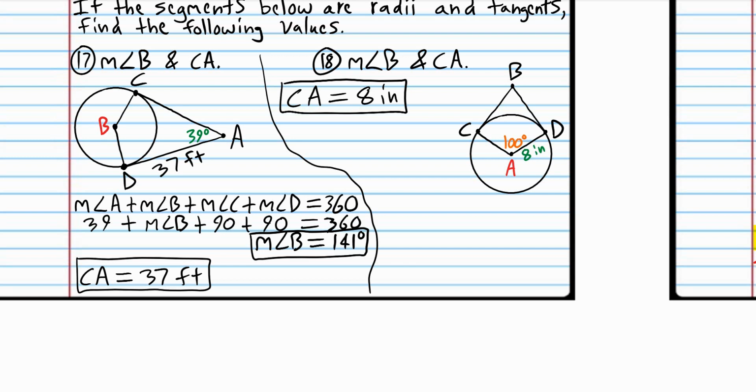And for the measure of angle B, we're going to use the same logic we used before. So the measure of angle B plus the measure of angle C plus the measure of angle D plus the measure of angle A, which we know is 100, must be equal to 360. So I'm going to make some more room here.